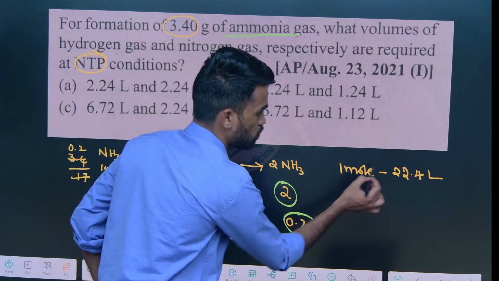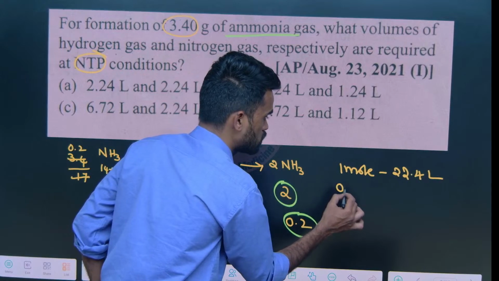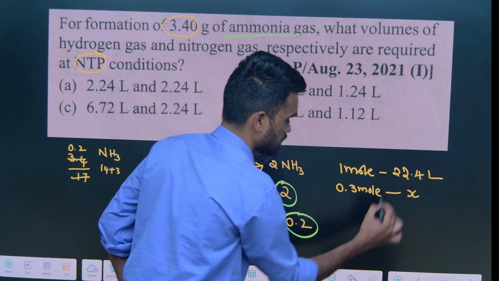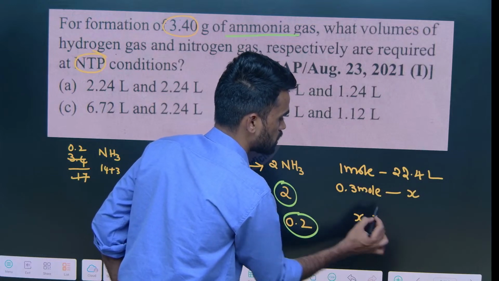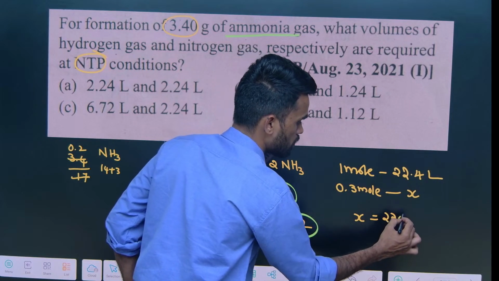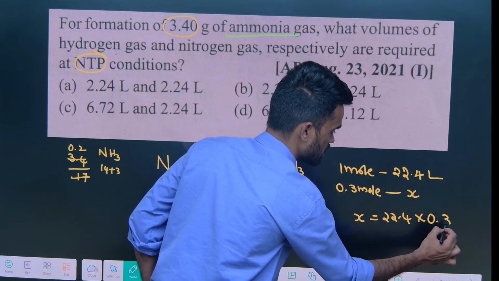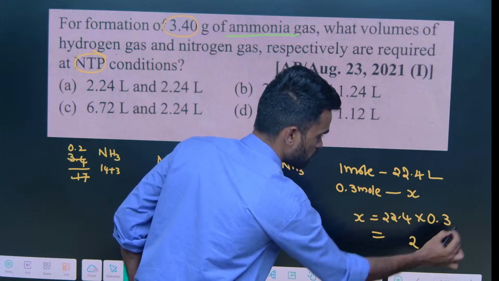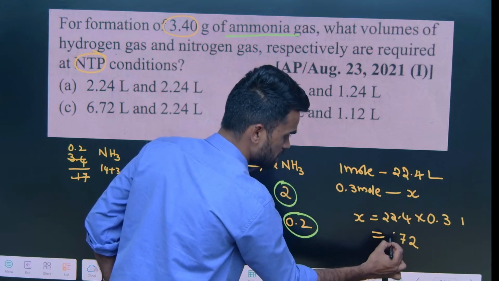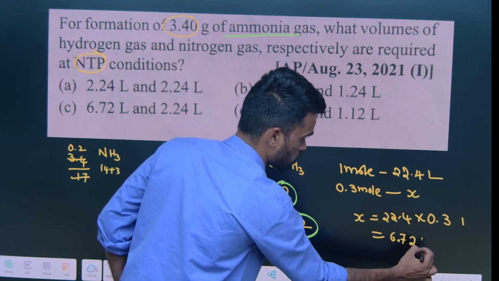So if 1 mole occupies 22.4, how much will 0.3 mole occupy? It will be X liters. You can calculate X using the unitary method: 0.3 into 22.4. So what is the answer here? 3 times 4 is 12, 1, 6, 7 and 6, so with two decimals, 6.72 liters.